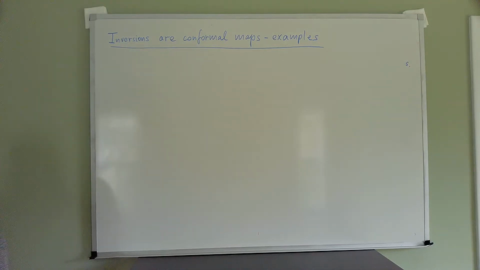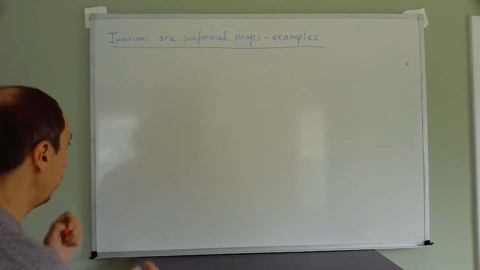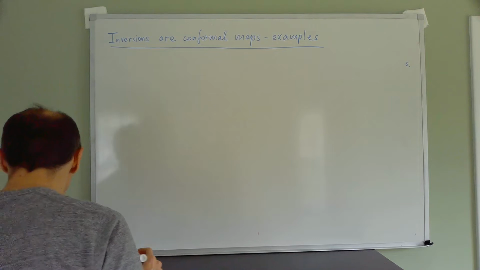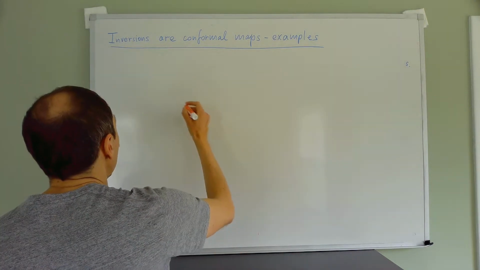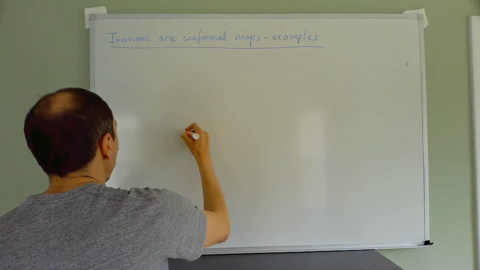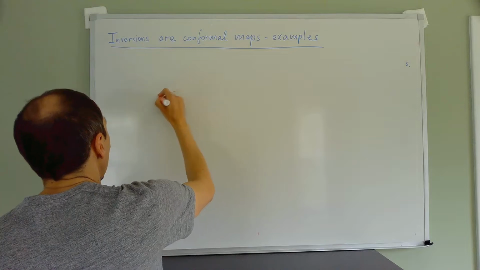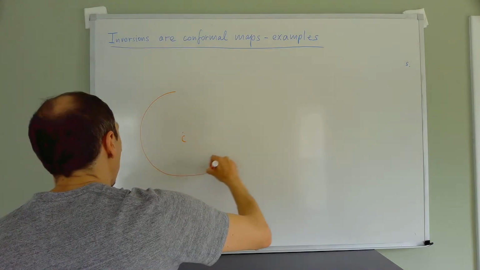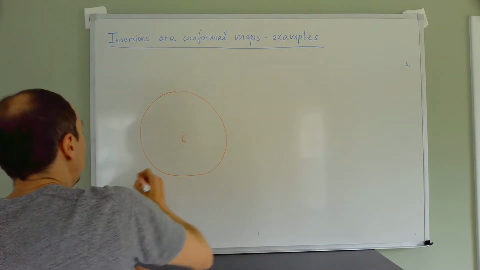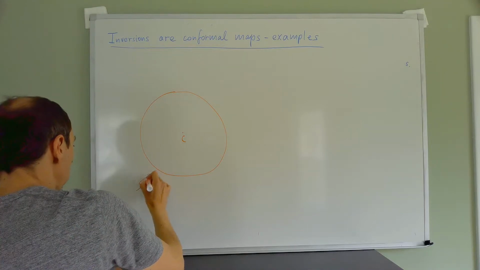Alright, and we begin with a very simple example, namely here is the center of inversion, and the orange circle is the circle of inversion.